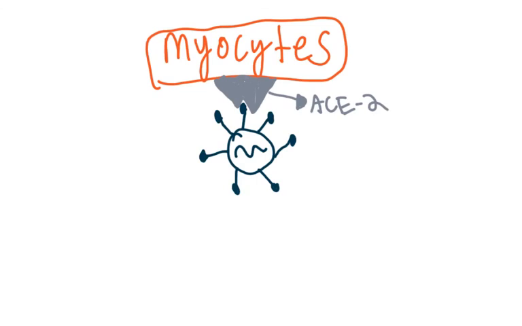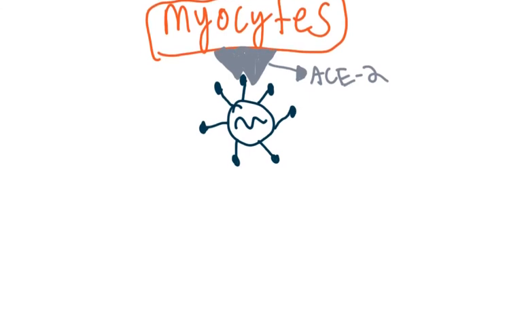So you can see heart problems, heart attacks, and we also see that the SARS-CoV-2 virus increases the chances of stroke because it increases the chances of our blood to coagulate.